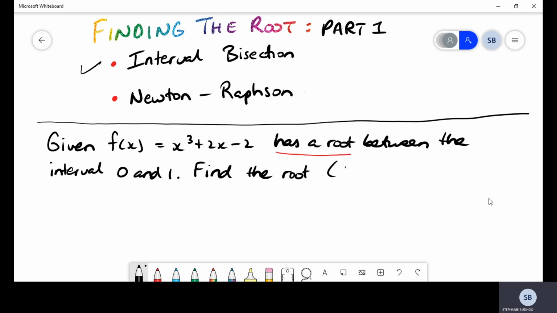Let's just say correct to 1 decimal place. And we would be using the bisection method or the interval bisection method in order to work out this question.